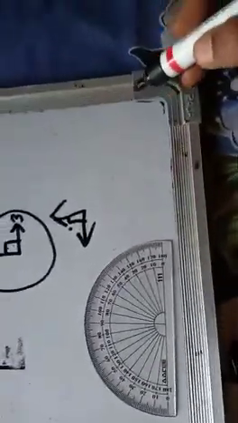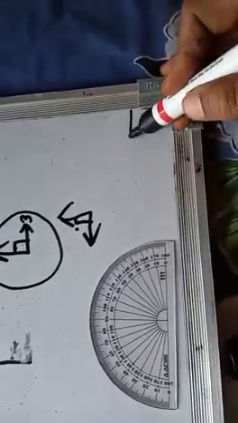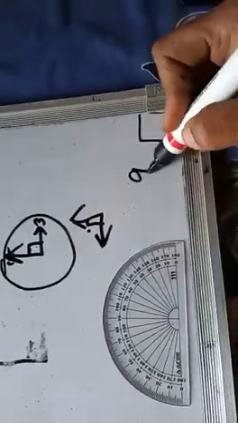So, if you observe the corners of this, here it is like this. What is the angle here? 90 degrees. Here 90 degrees. Here 90 degrees. Here 90 degrees.